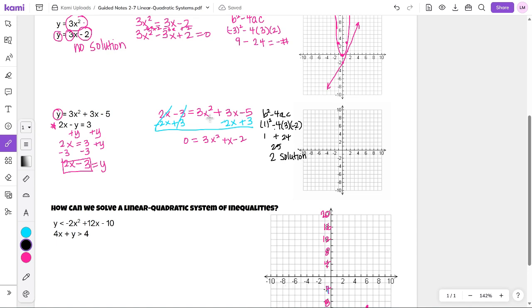All right, so I can do AC method. I can also do quadratic formula because this is the number underneath the radical. So I already have that. That's why this one didn't have any solutions, because if we had tried to use quadratic formula, we would have had a negative number underneath the radical. So opposite of b, plus or minus the square root of b squared minus 4ac all over 2a.